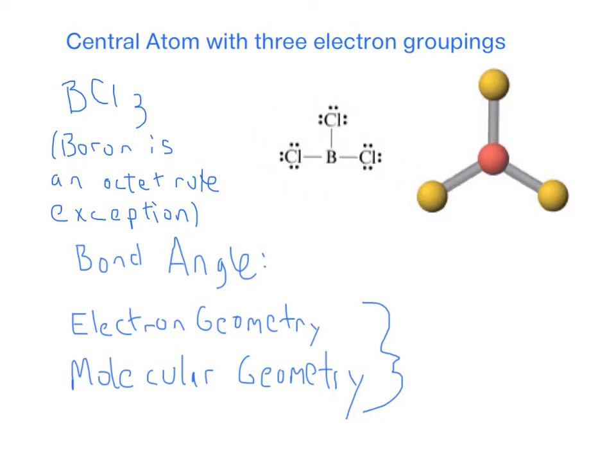Okay, boron trichloride. And next to it, of course, is our ball and stick figure. And once again, you have to figure out the angle between these atoms, and being as there are 3 of them distributed evenly over 360 degrees, you take 360 divided by 3 and get 120 degrees. And the electron geometry on this one is known as trigonal planar.